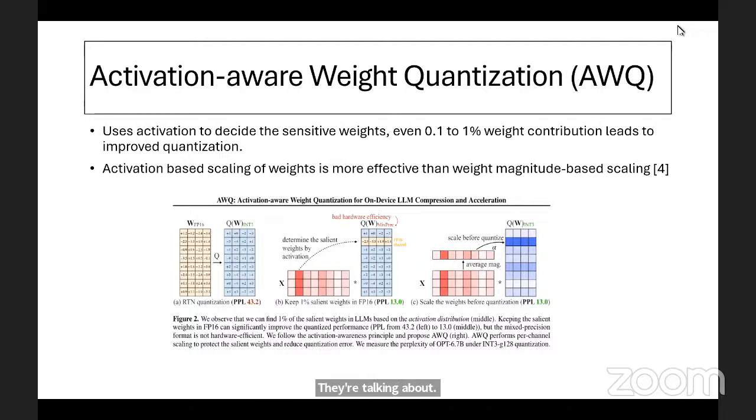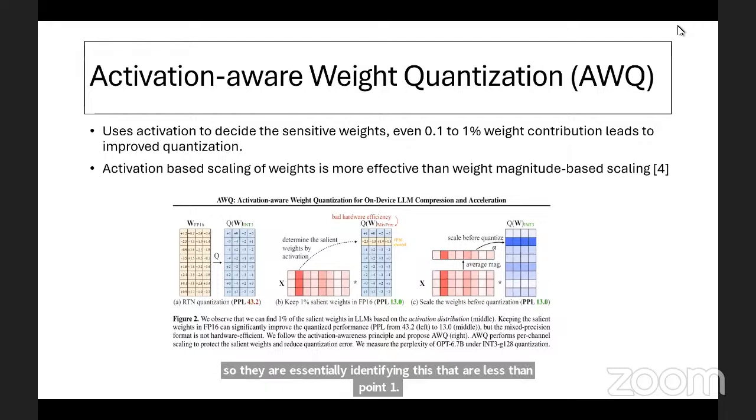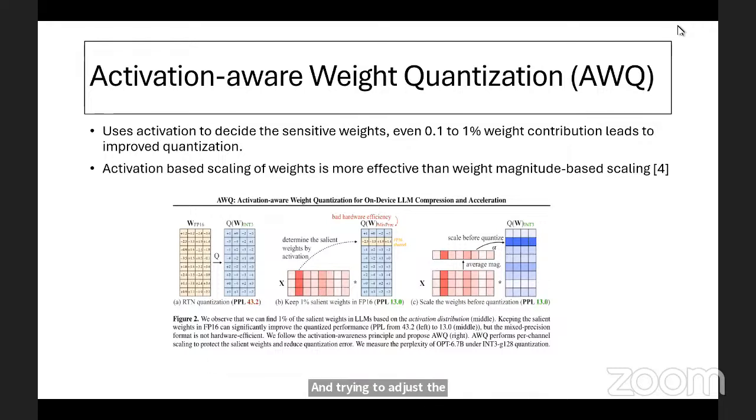So whenever they identify this 0.5% of weights, they try to adjust the scale to minimize the quantization noise. So they are essentially identifying these salient weights that are less than 0.1% and trying to adjust the scale to account for precision without adding much quantization noise.